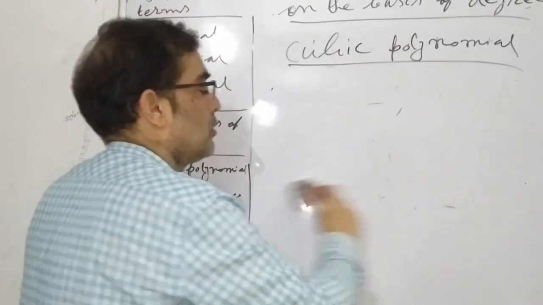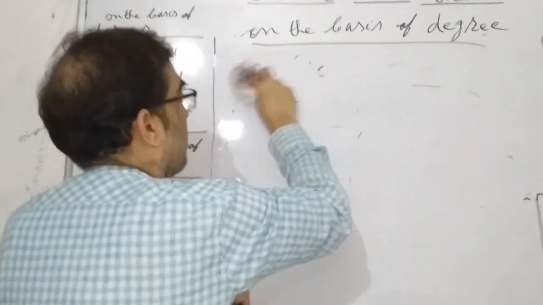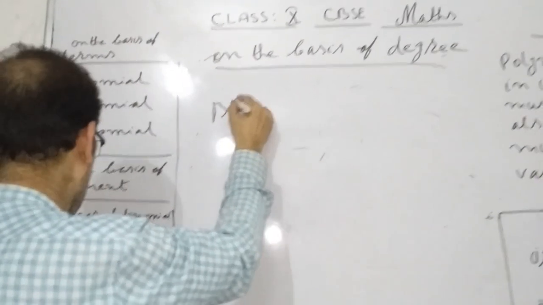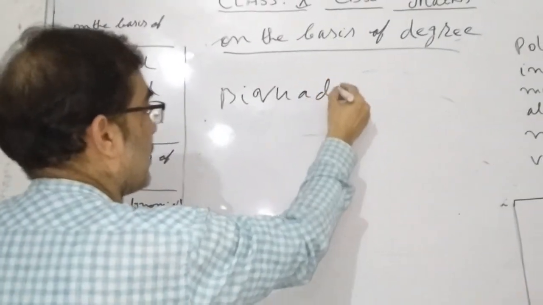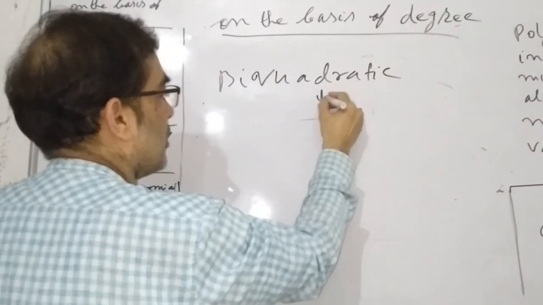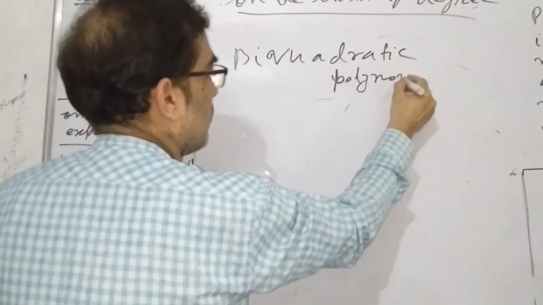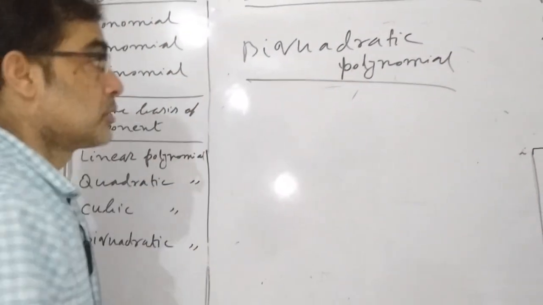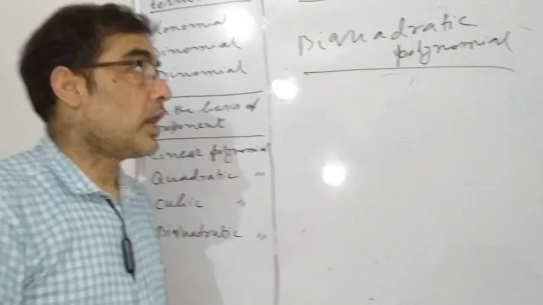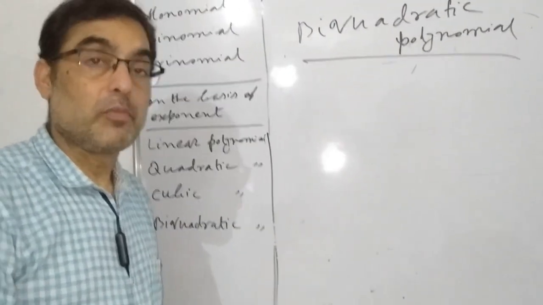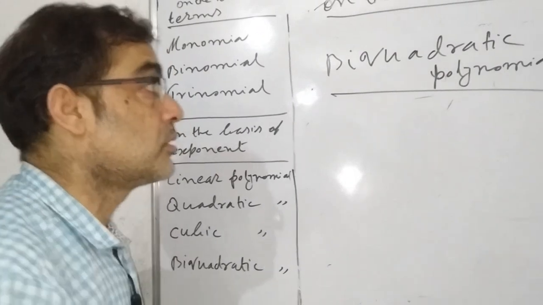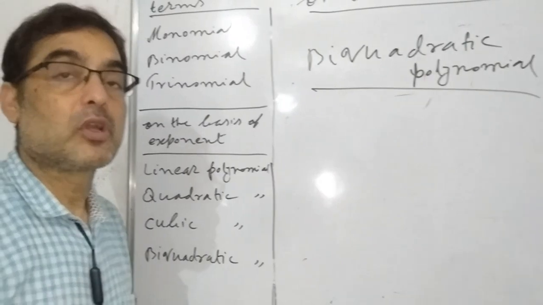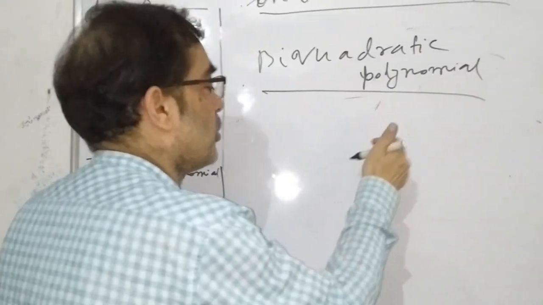And now biquadratic polynomial. The polynomial in which variable has only degree 4 will be called biquadratic polynomial.